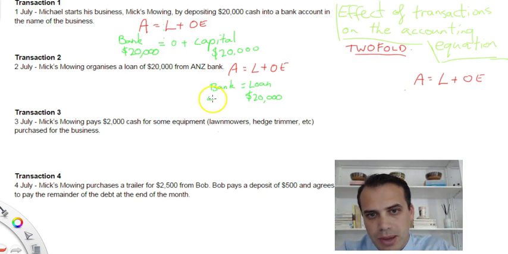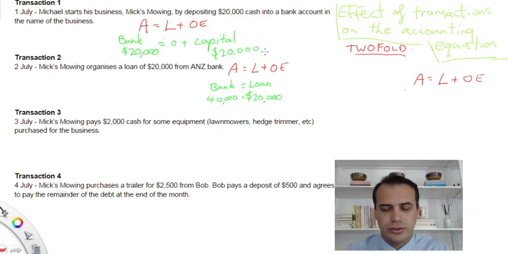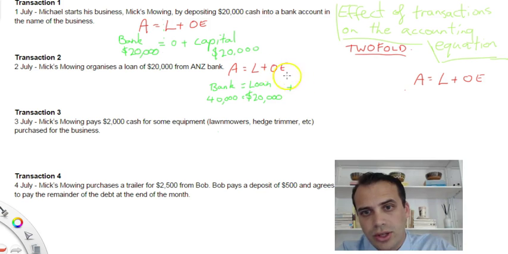So now he has a bank account of $40,000. So there's our dual nature. He took a loan out, that's a liability, but then that money ends up in his bank account. Now he's still got owner's equity here of $20,000, so his capital is equal to $20,000.